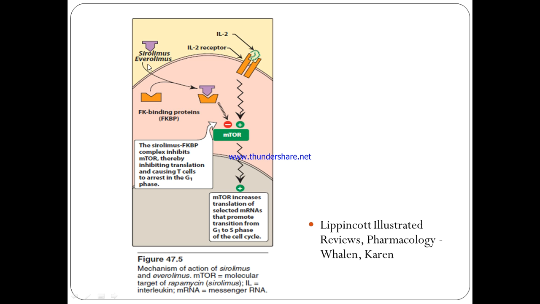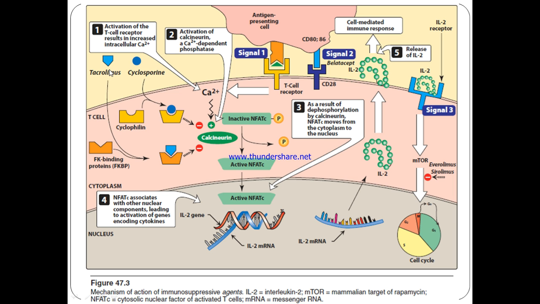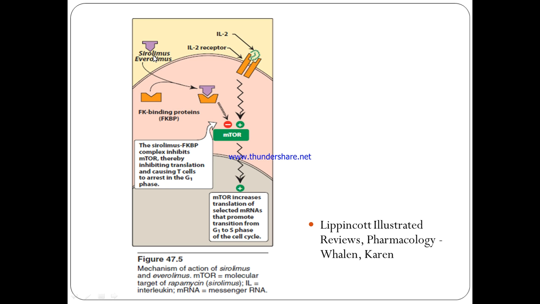Sirolimus, this type of drug, will bind with the FK binding protein. Here also, in the case of tacrolimus, they bind with the FK binding protein, and sirolimus or everolimus also bind with the FK binding protein.